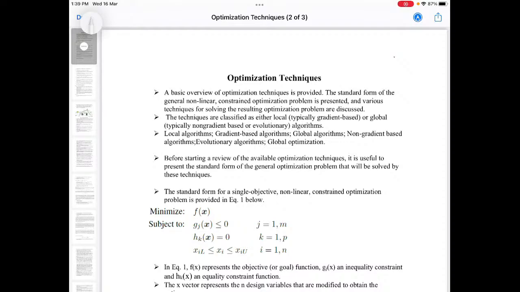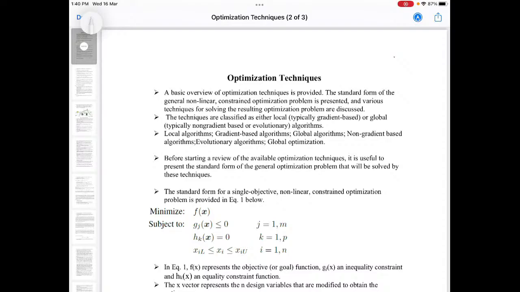So let us first see what is meant by local algorithms. As I mentioned, there are two types of techniques. One is local, or otherwise called as gradient based algorithms, and there is global, which is typically non-gradient based, or otherwise called as evolutionary algorithms.